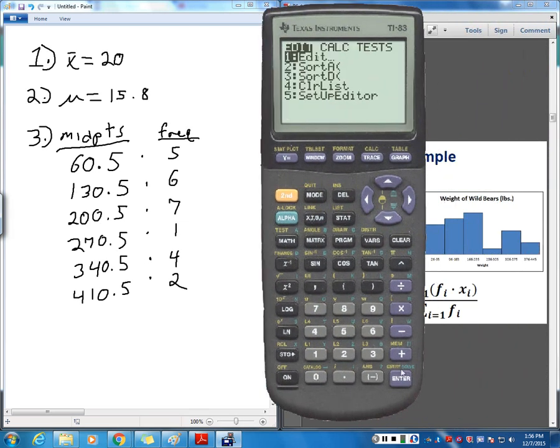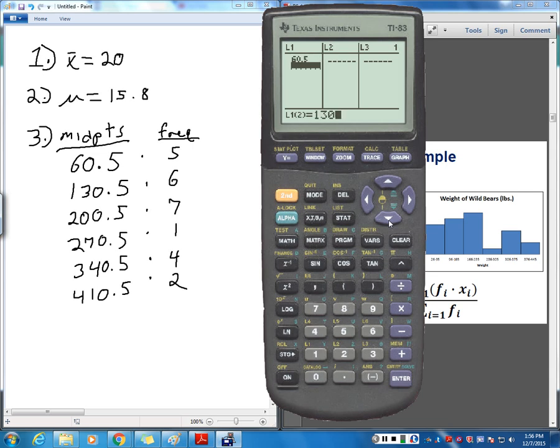If, again, I go to Stat and enter in my list, in list number 1, I can put my midpoints. And in list number 2, I put in my frequencies. I just keep them in the same order they appear in.